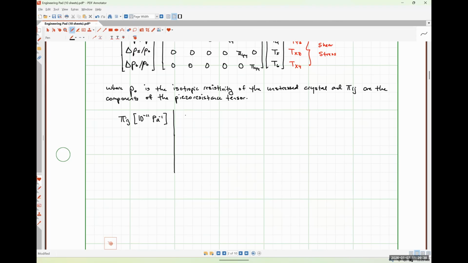And then here, I'm going to have a column for N-type, where the resistivity of N-type will be taken to be 11.7 ohm centimeters. And then over here to the right, this will be valid for P-type, having a resistivity of 7.8 ohm centimeters.